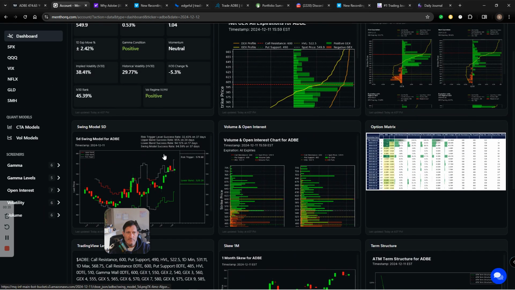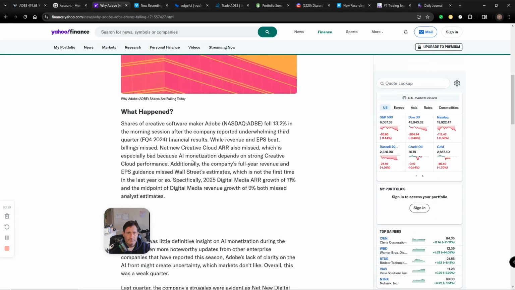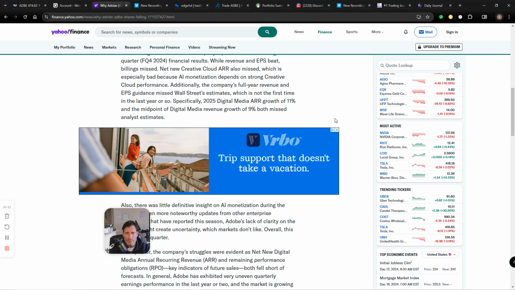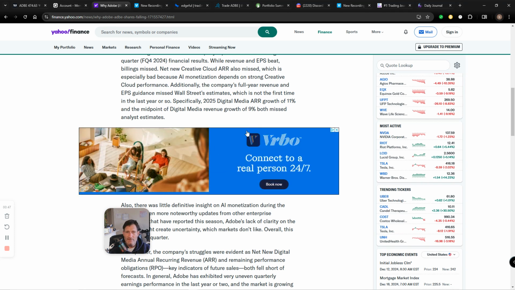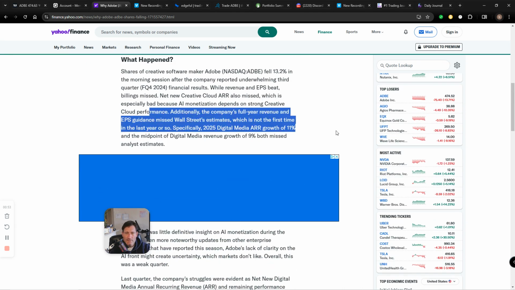So looking at the earnings that came out, the fundamentals, essentially it reported better than expected earnings, but the market didn't like the fact that the AI component was kind of undefined.